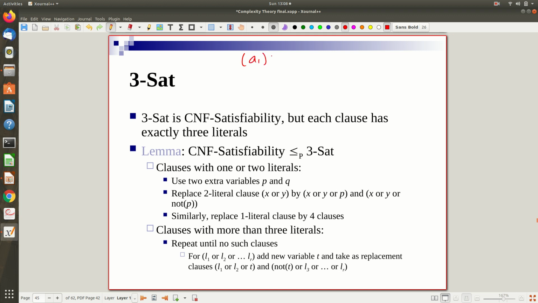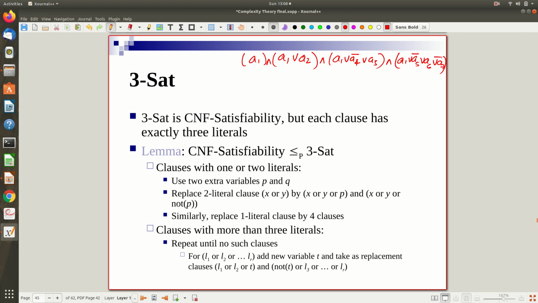This is another one, containing a1 or a2, and in between there is a conjunction. Then a3, a4 or maybe a4 complement or a5. This is fine. And there may be another one containing more than 3 literals, say a1 or a2, a5 or a6 or a7, maybe with some complements also.